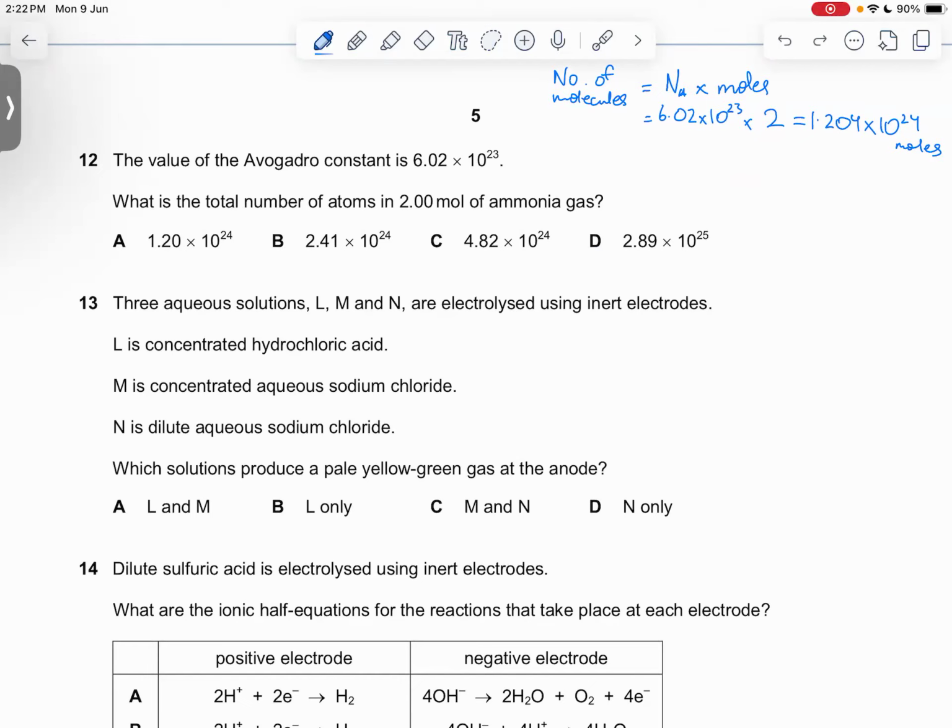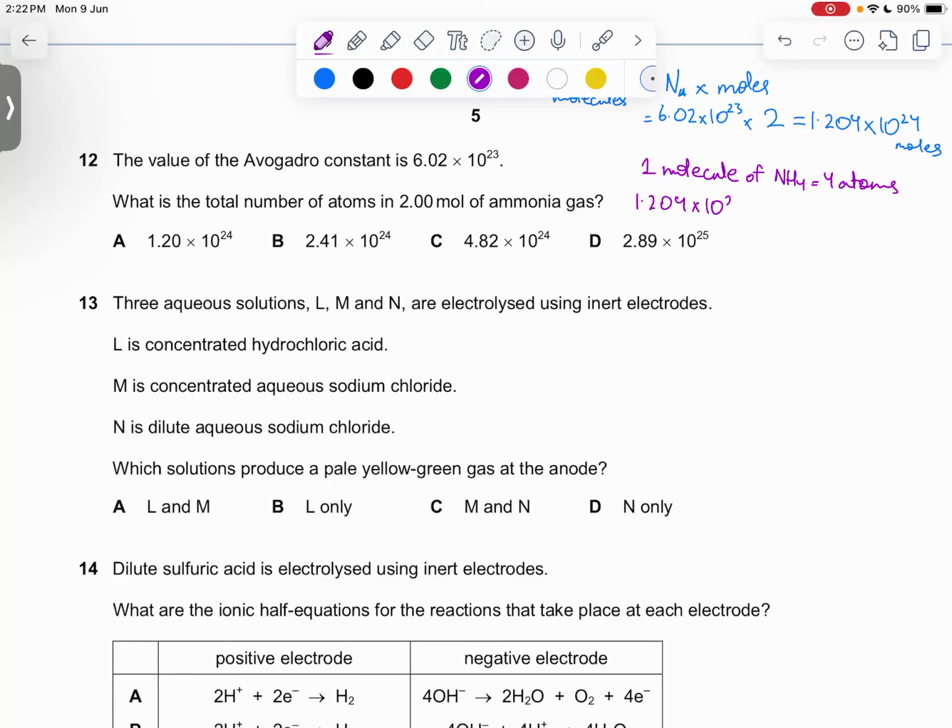I'll do it with purple. One molecule of ammonia is NH3, which equals 4 atoms. So 1.204 into 10 to the power 24 molecules equals X. And just like always, we are going to cross multiply.